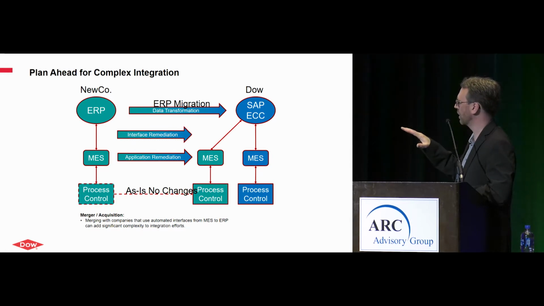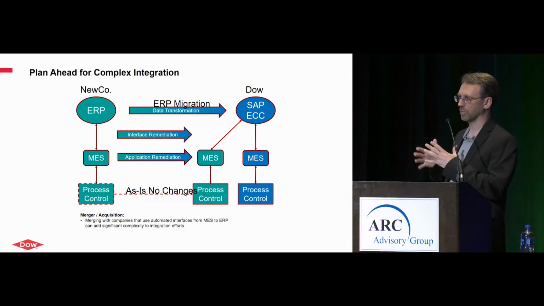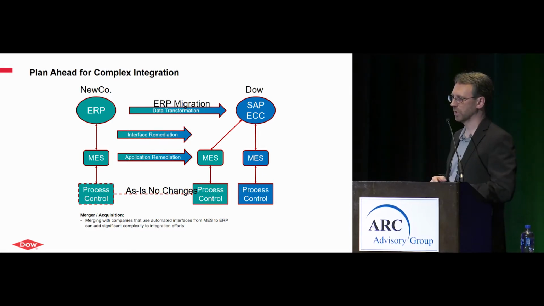Basically what we did was migrate the MES environment across, but we had to reconnect all of the interfaces to Dow's ERP system, and go in and define all of the places that were connecting with SAP, understanding the protocols that were involved, and figuring out how to migrate all of that over. And in addition to that, they had data stores that were pulling information from their ERP system and using it in their MES environment.